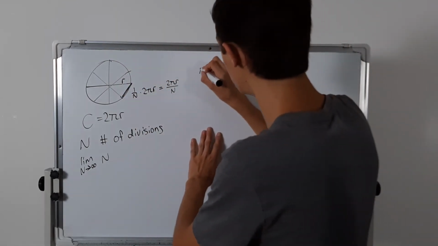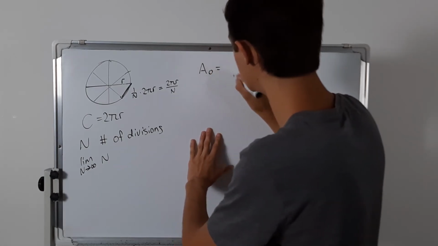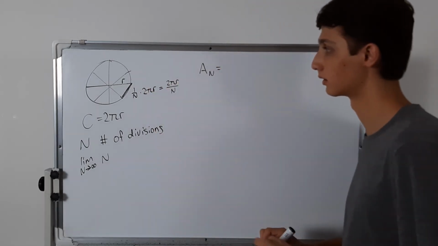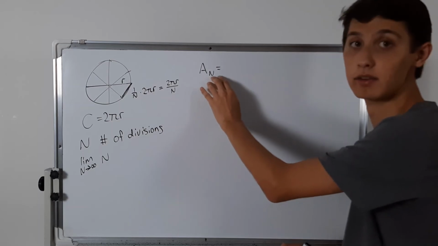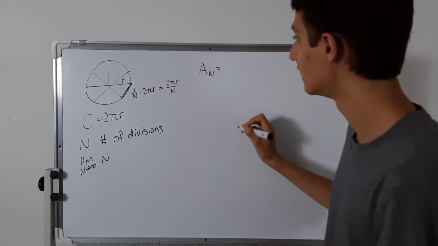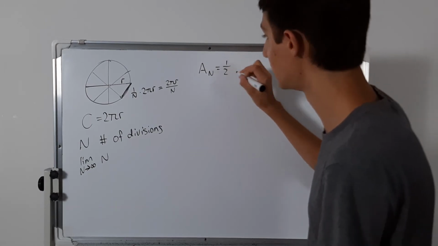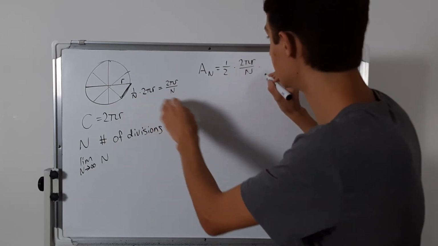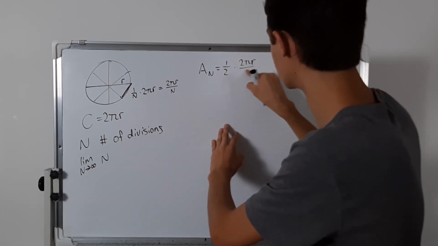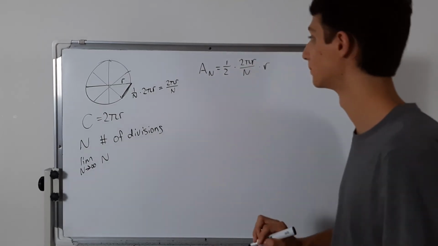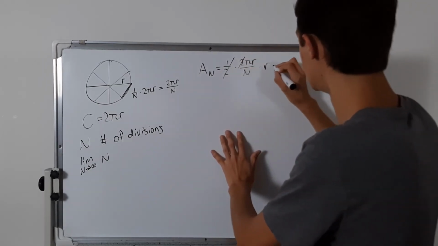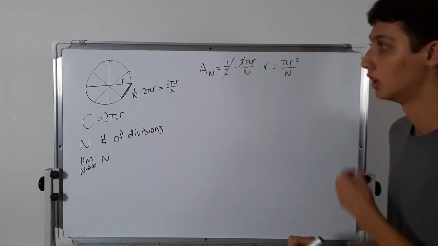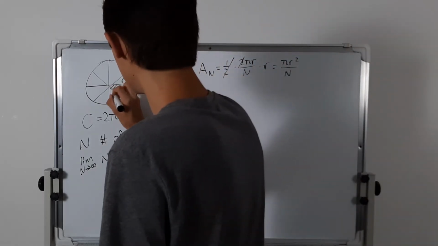So the area of one triangle, which I'm going to call A sub capital N, a function of the number of divisions, is 1/2 times the base, which we said is 2 pi r over n, times the height of that triangle, which is the radius r. The 1/2 and the 2 cancel, and we get pi r squared over capital N. So this is the area of one of these triangles.